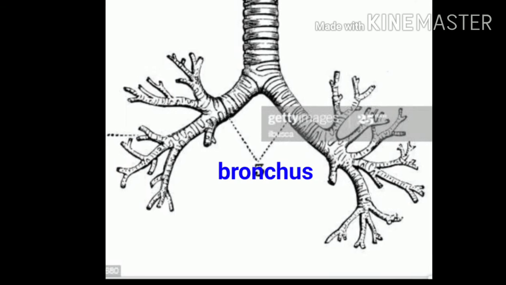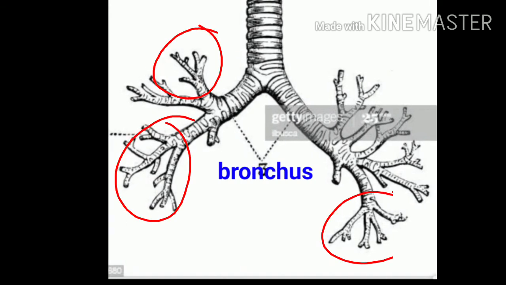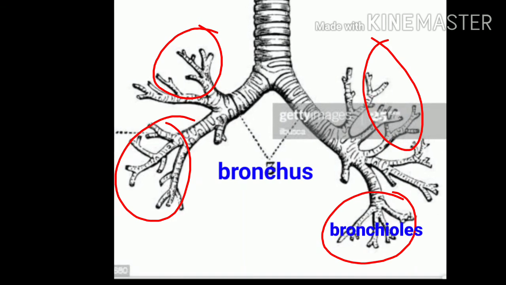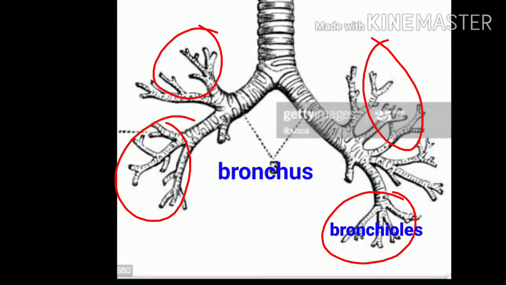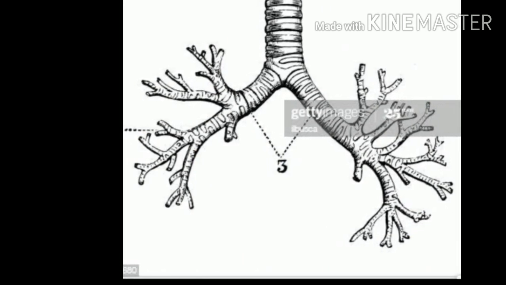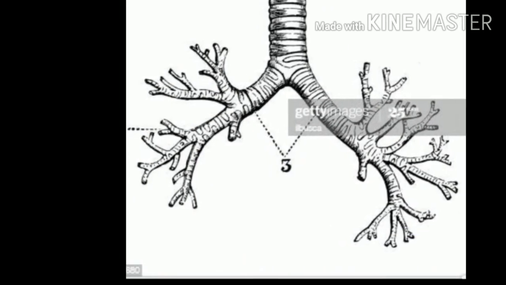So it is a further divided part of the bronchus, right? These bronchioles also help to carry air into the lungs.